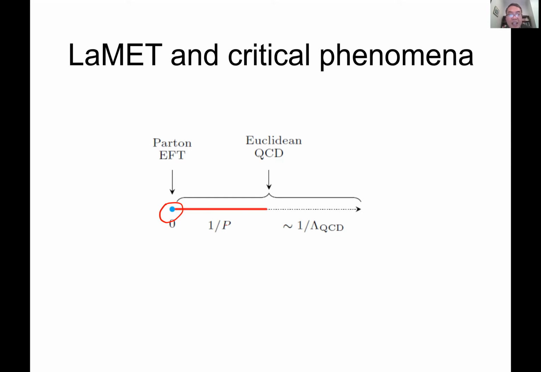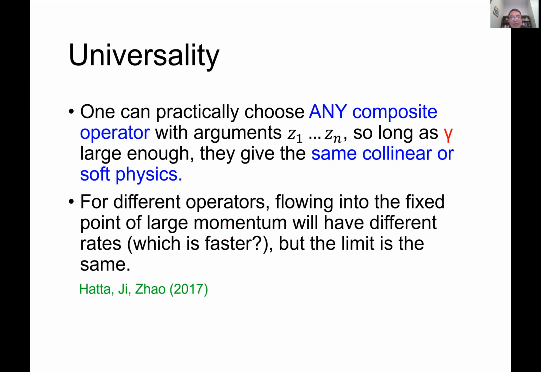And so you have the universality phenomena: in the process of flowing to a critical point, you can choose different operators and they will come to the same kind of physics. That's why a liquid-gas system or a magnetic system will have the same critical exponents, and you can choose different operators or different systems to achieve the same physics.